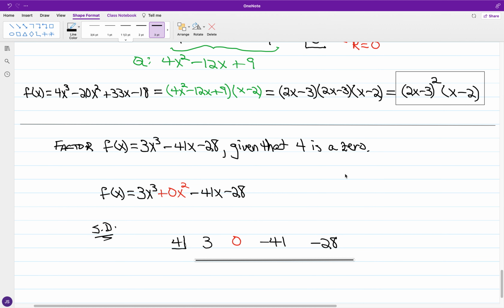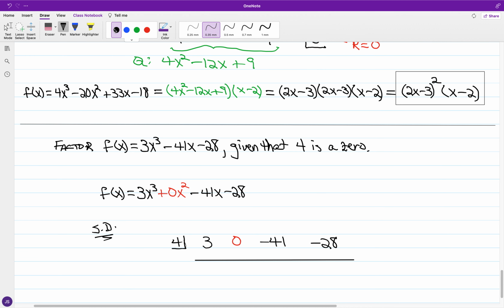Looking at the process, leading coefficient 3 is going to be brought down. Now we've got 4 times 3 is 12. 0 plus 12 is 12. 4 times 12 is 48. Negative 41 plus 48 is 7. And then 4 times 7 is 28. And negative 28 plus 28 is 0, which we do want. So the remainder is 0.